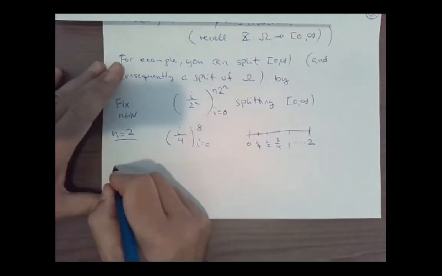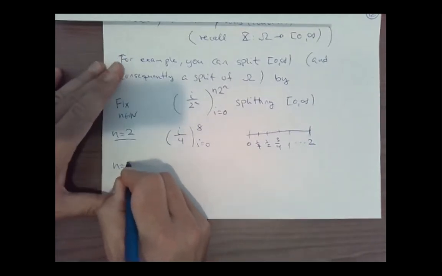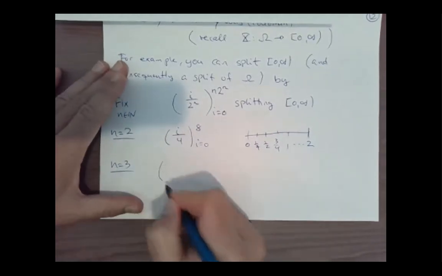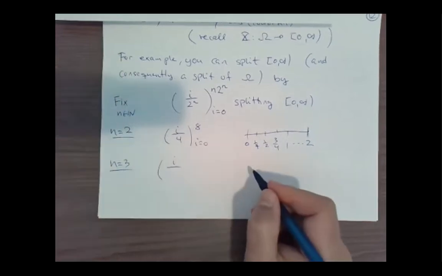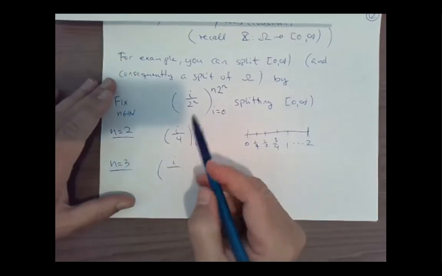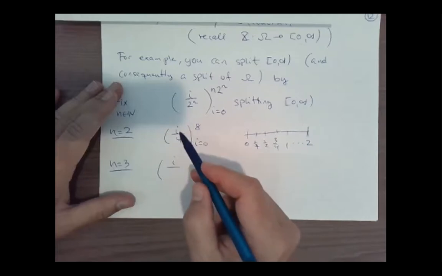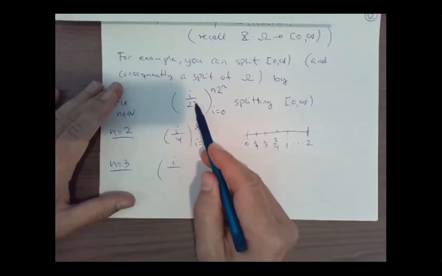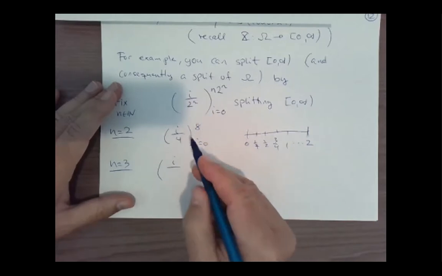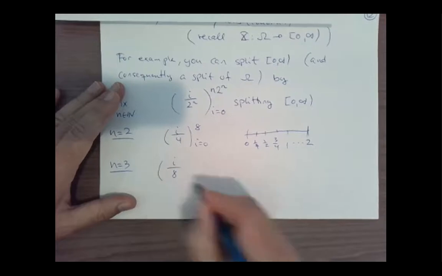And so if I do n equal to 3, my splitting will be i divided by a lot. So what will be 2 to the 3? 2 times 2 is 4, times 2 is 8.